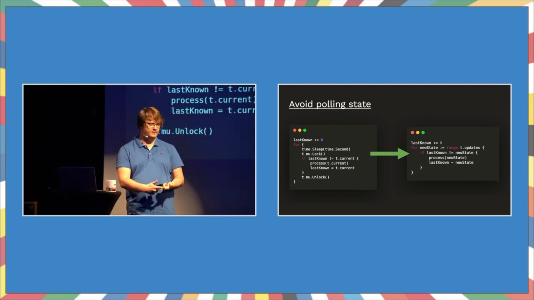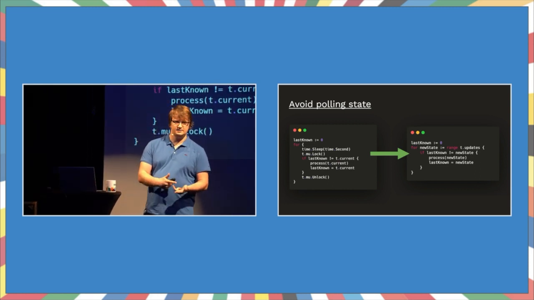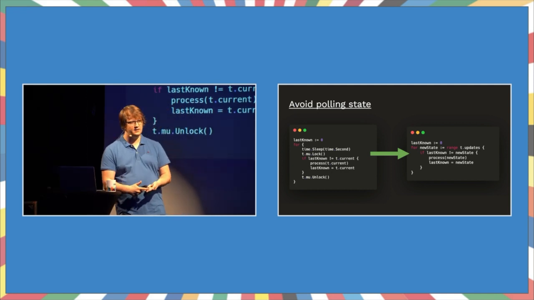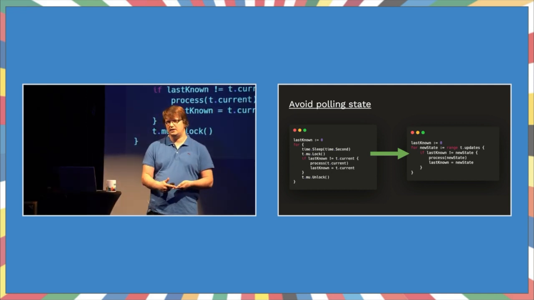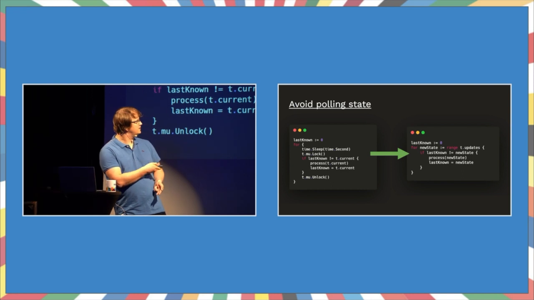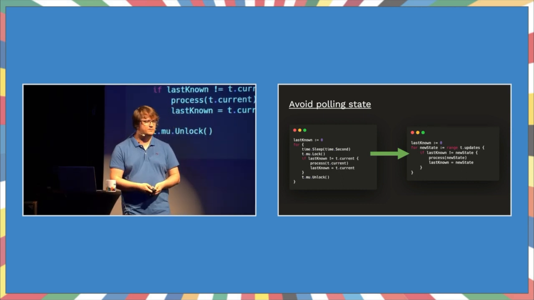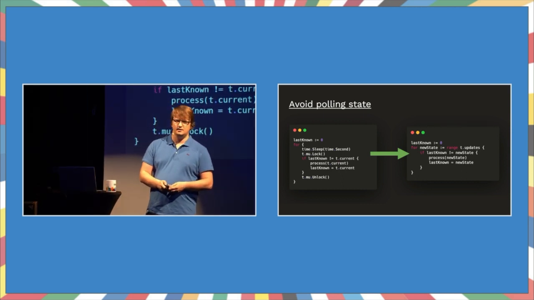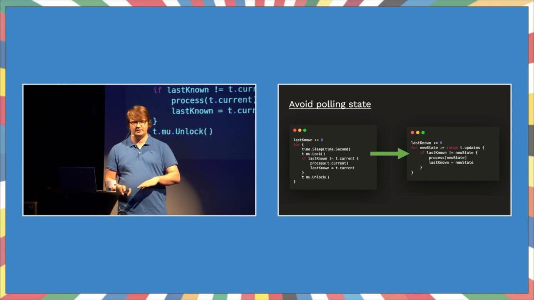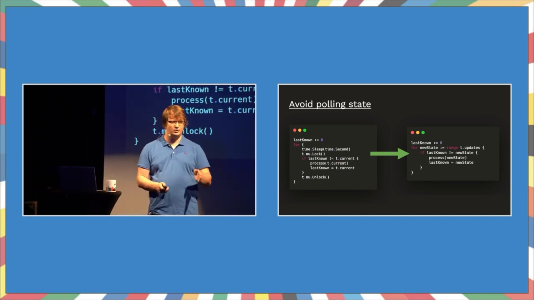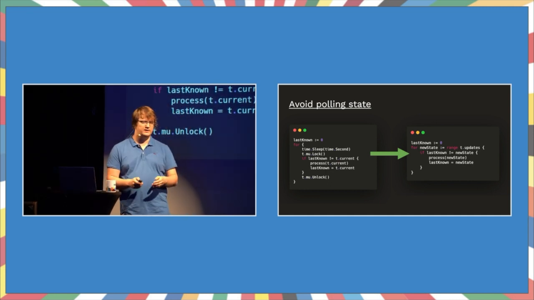It's wasting resources, and it's not reacting fast enough to the incoming signals. In this case, it's possible to replace it with a channel where you send messages. There are other ways to avoid polling the state, except in some scenarios where you're calling an external API and you have no control over what they do.